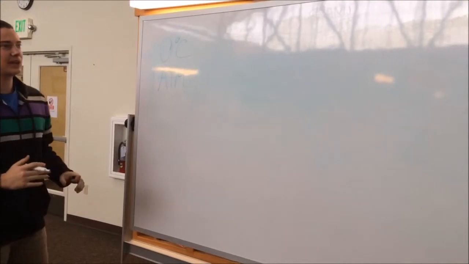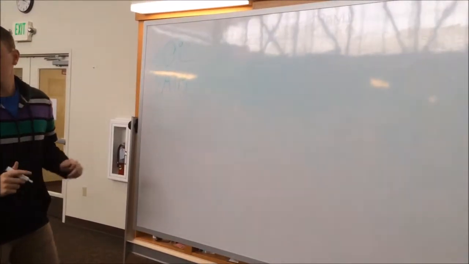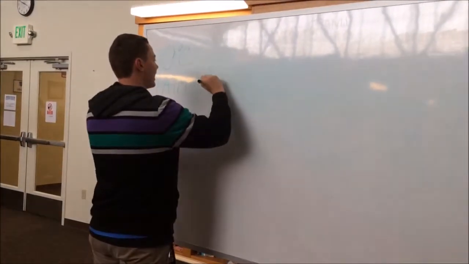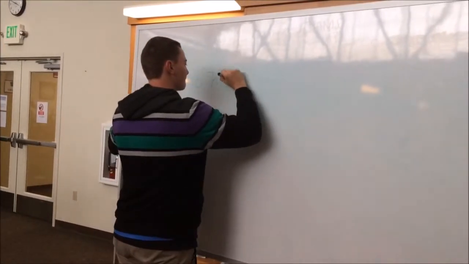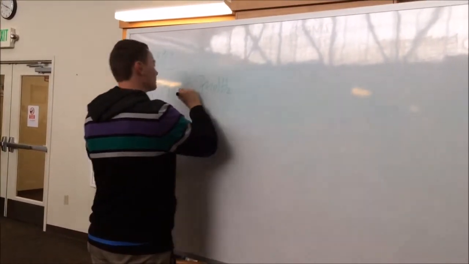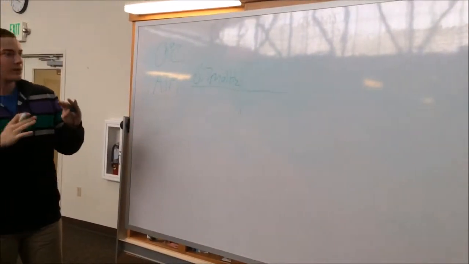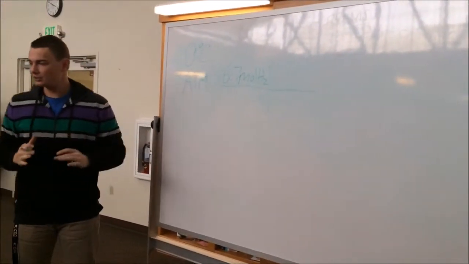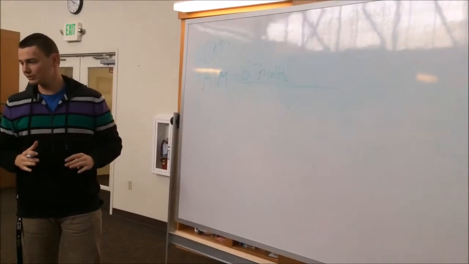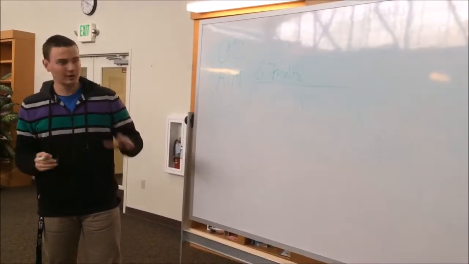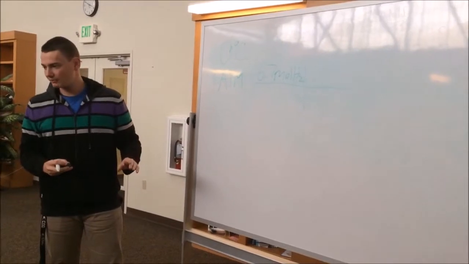Now, let's say we have 6.7 moles of hydrogen gas. Now, the standard number for STP is going to be 22.4 liters, and that's no matter how many moles or whatever gas you have, right?